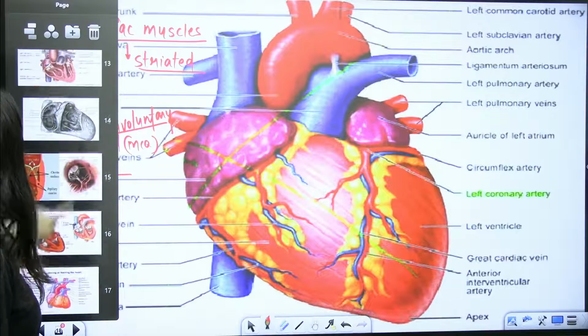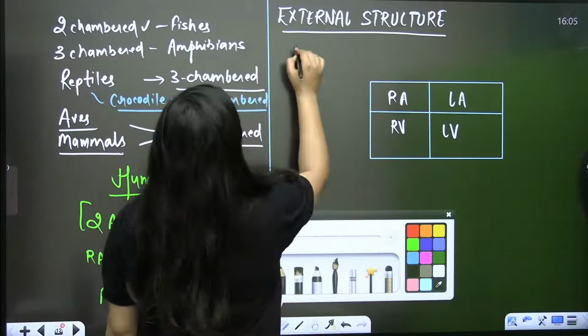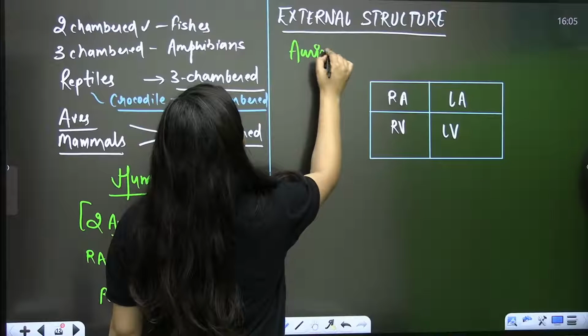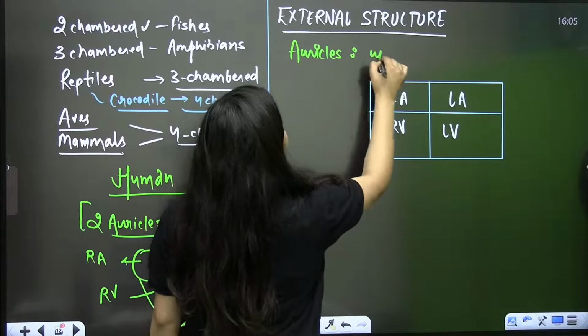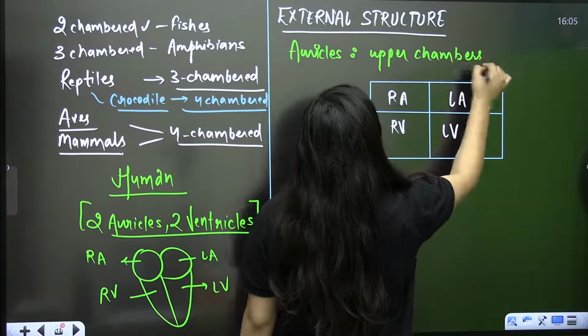So now let's start the detailed discussion of your external heart. As I said, auricles and ventricles are there. Auricles are the upper chambers.